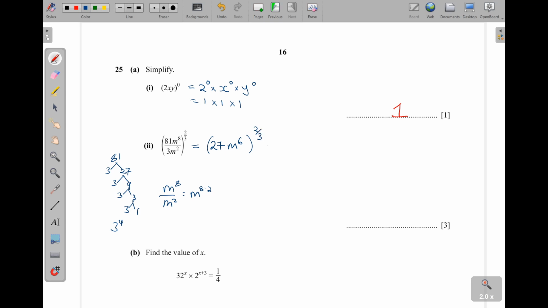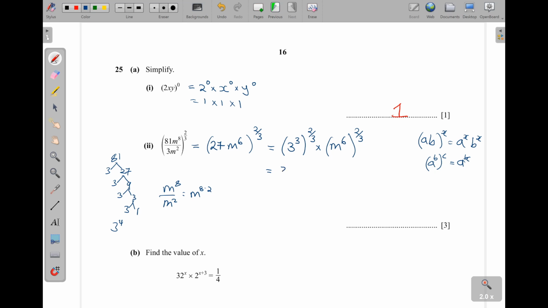Now, this 27 is 3 power 3. It is supposed to have this power 2 over 3. And then you also have m power 6. It is also supposed to have this power. Because we have a rule in indices that ab, then power x, is going to be a power x, then b power x. And a power b power c is the same as a power b times c.